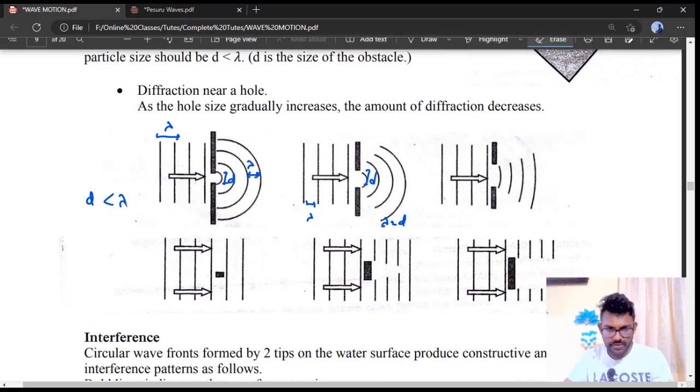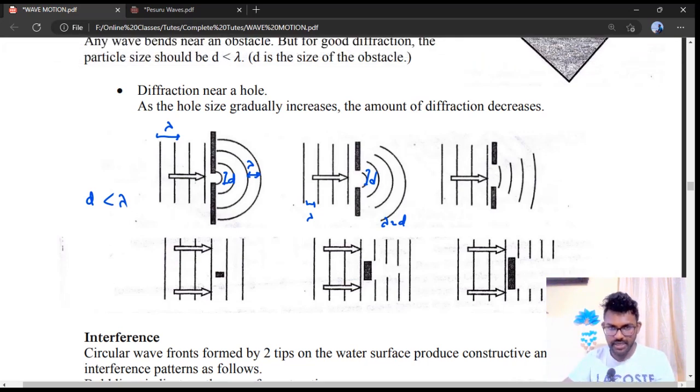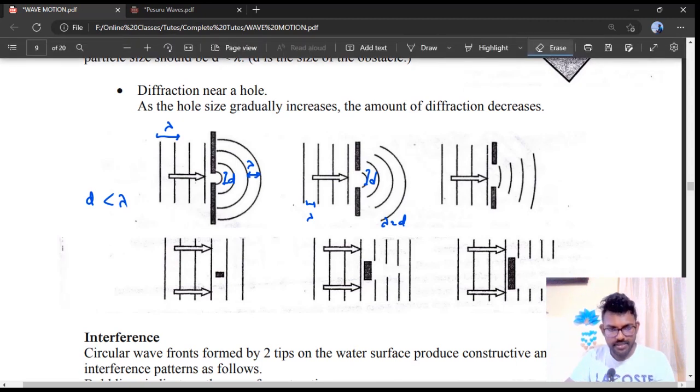In this scenario, when there's an obstacle line, not a hole-like opening but a single wall or single object, when the thickness of the object is less than the wavelength, then it won't bend. But when the size of the object is equal to or higher than the wavelength, you can see that the waves still bend near these kinds of obstacles.